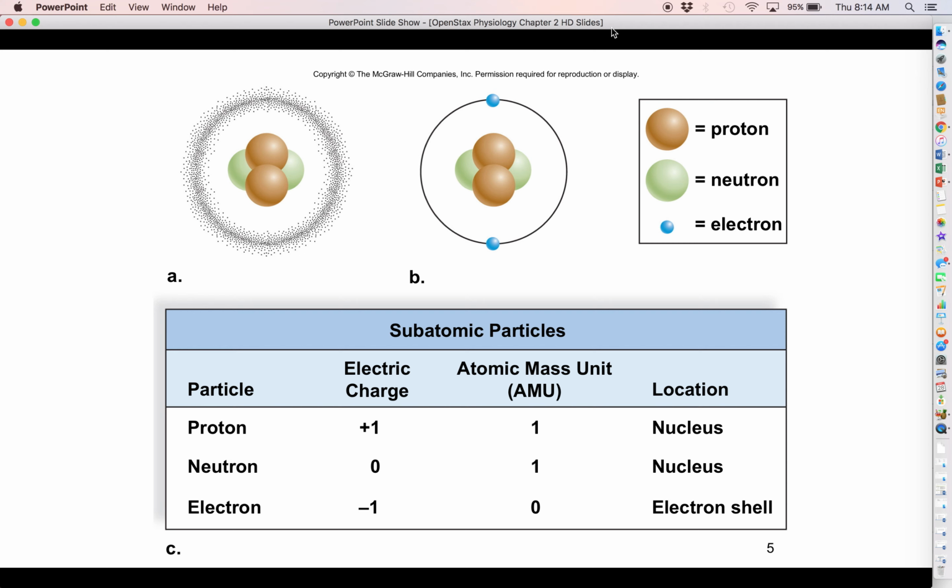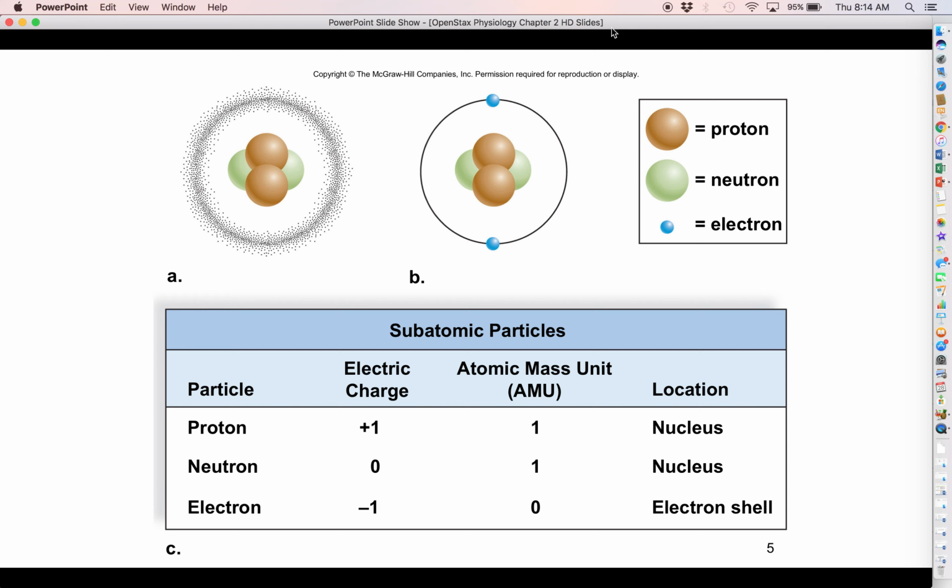Electrical charge: you can see protons have a positive 1 electrical charge, electrons are -1, and neutrons are 0. We consider them on their location. We said the proton and the neutron are located in the nucleus, whereas the electron occupies orbitals or shells around the nucleus. And then the third one that we have not yet discussed is how much mass each subatomic particle has.